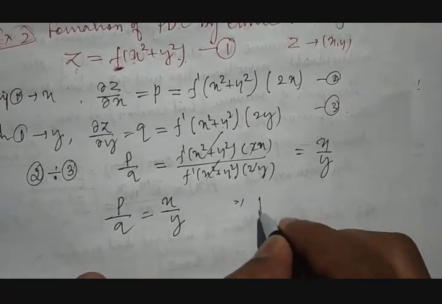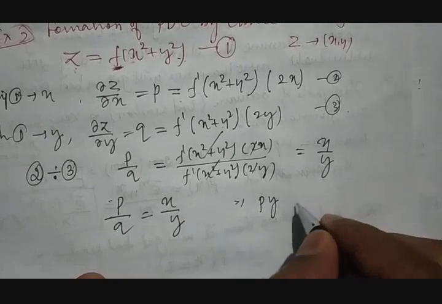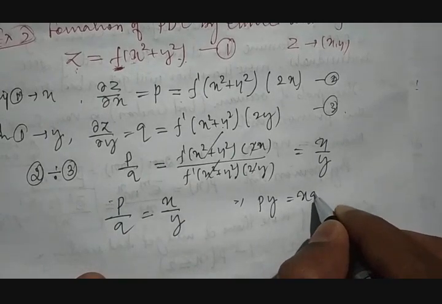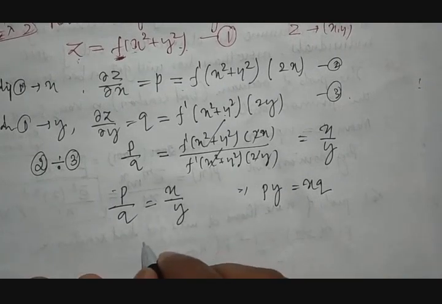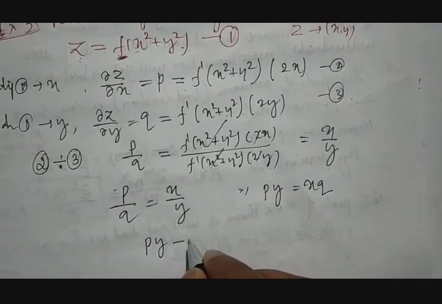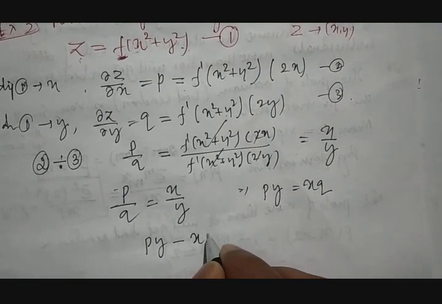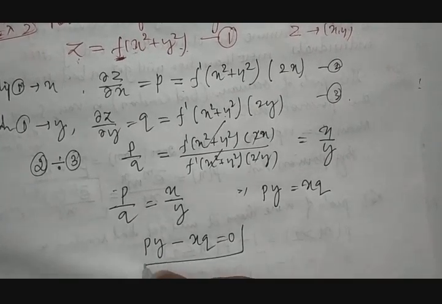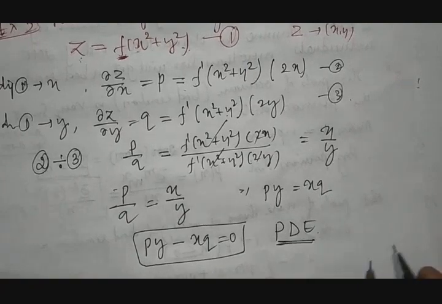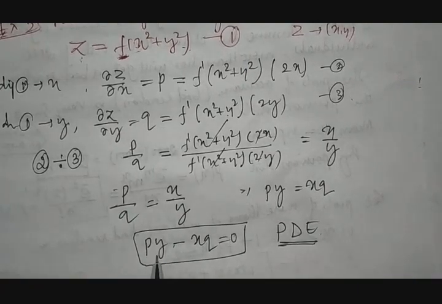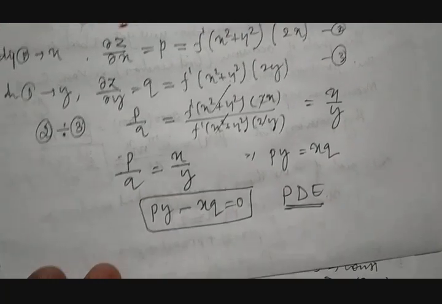If you take the cross multiplication, it becomes p y is equal to x q, or else we can write p y minus x q is equal to 0. This becomes the required partial differential equation. You can see here there are no arbitrary functions available.